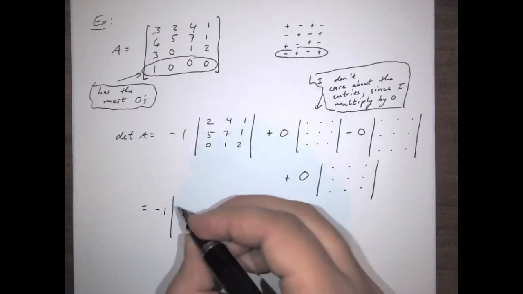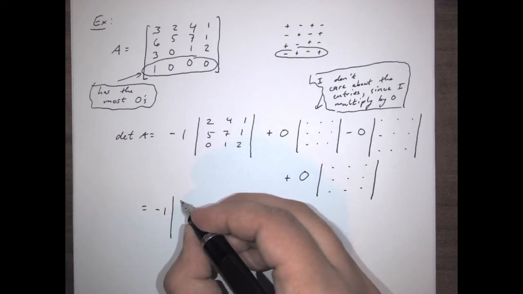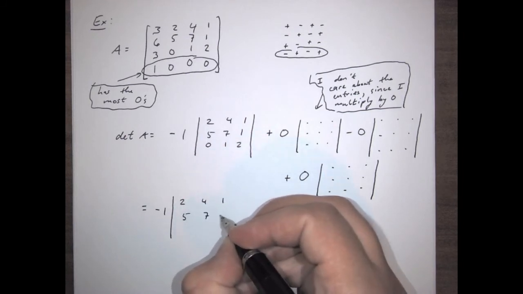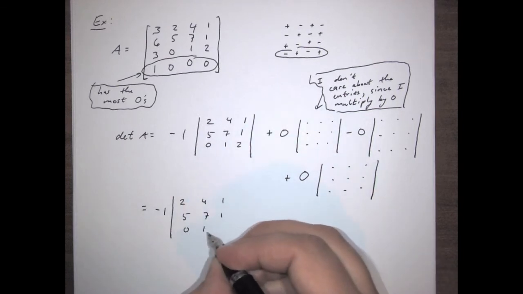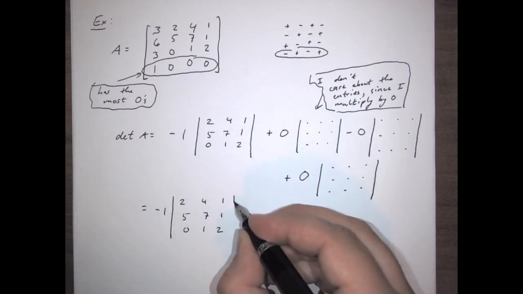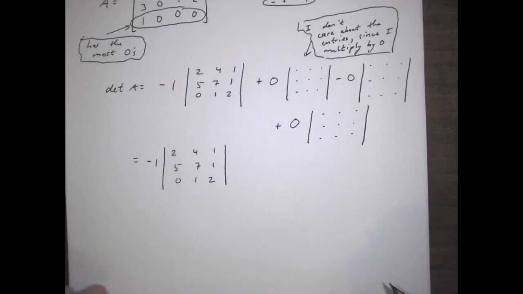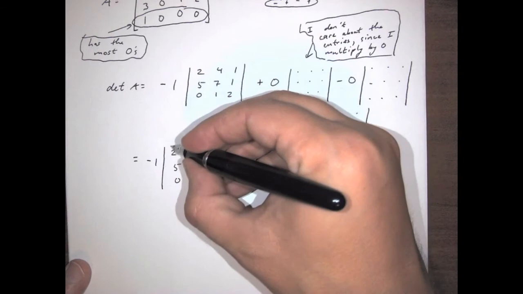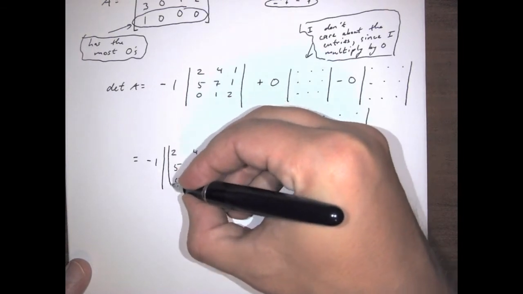So minus 1 times, and now we've got the 2, 4, 1, 5, 7, 1, 0, 1, 2. Now the main thing here is find a row or a column of zeros and work from there. As for the other entries, it's not so clear what is good, what is bad, so it doesn't really matter what we do. I'll just take column 1.